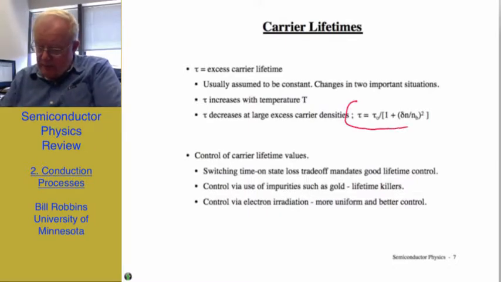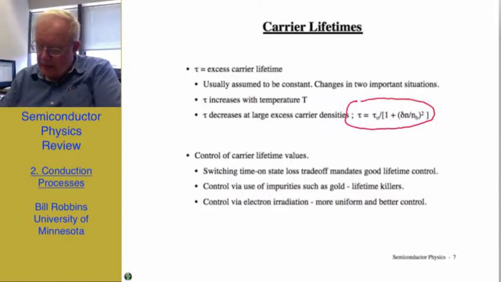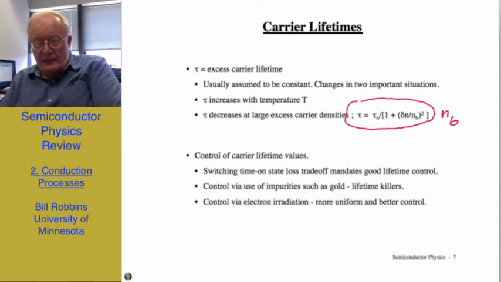I show here an empirical formula on how the excess carrier lifetime depends on excess carrier density. The reason for the drop-off at carrier densities above this so-called background level of N sub B is a mechanism called Auger recombination, which we don't have time to cover in this simple review.